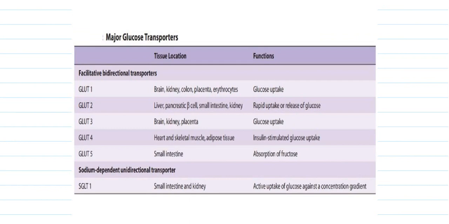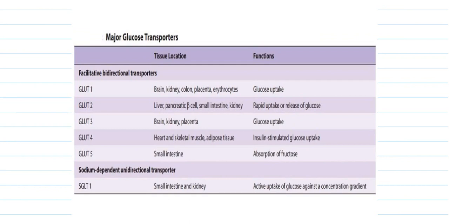The facilitative bidirectional transporter consists of glucose transporter 1, 2, 3, 4 and 5. Glucose transporter 1 will help to transfer the glucose through the tissue of brain, kidney, colon, placenta, erythrocyte by the process of glucose uptake. Similarly glucose transporter 2, 3, 4 and 5 have their own specific tissue where they transport the glucose.